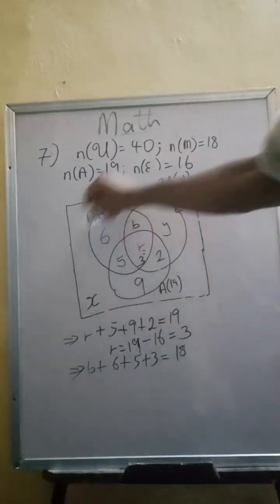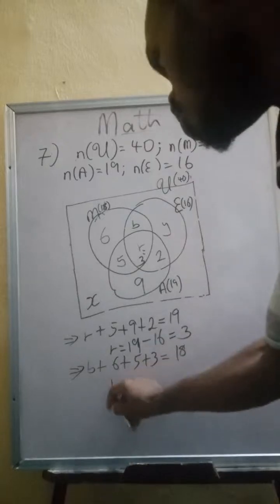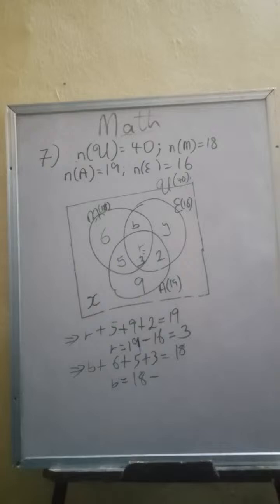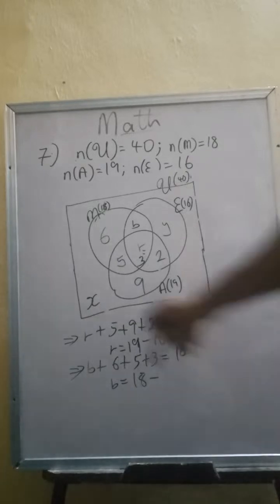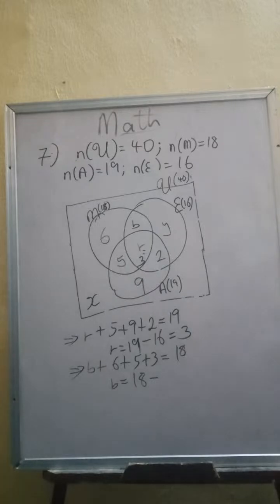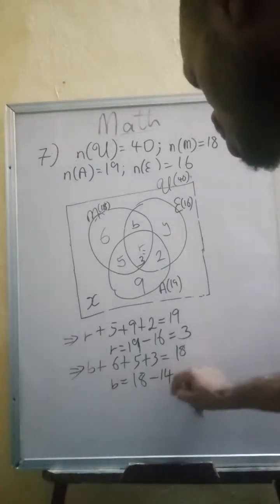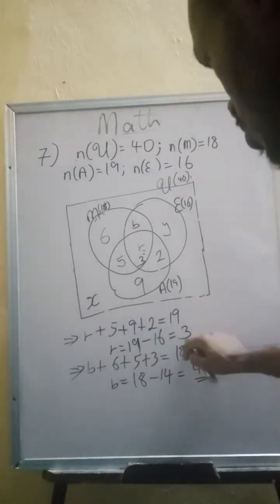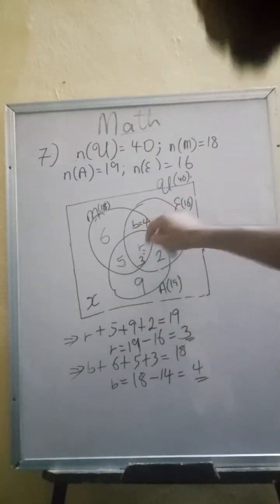The circle entirely is 18. And so B is going to be 18 minus what? 6 plus 5, 11, plus 4, plus 3, 14. That gives you 4. Means your B is 4.